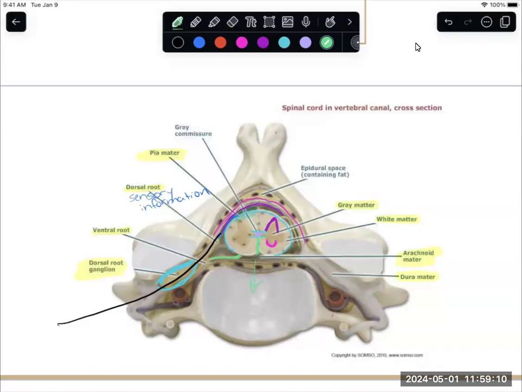So we have that dorsal or posterior median sulcus or fissure on that back side as well. The nerve that is coming off here, that is that spinal nerve.